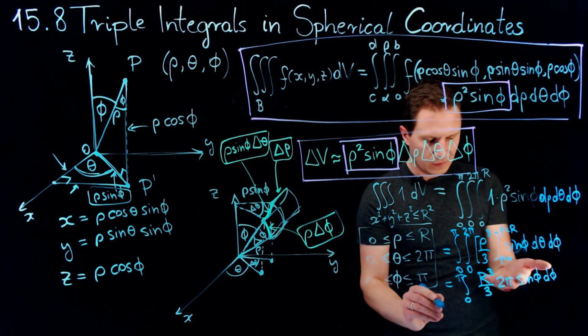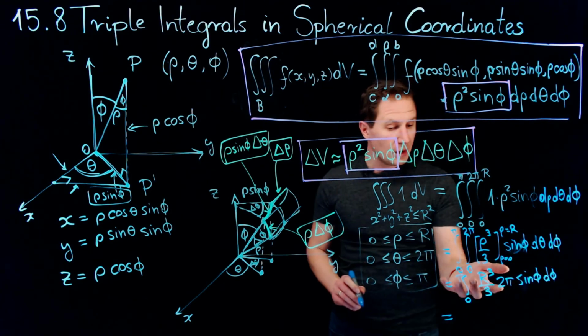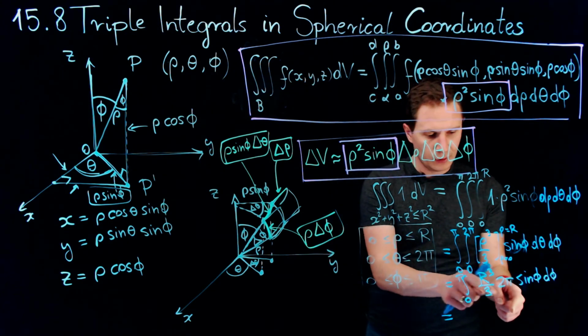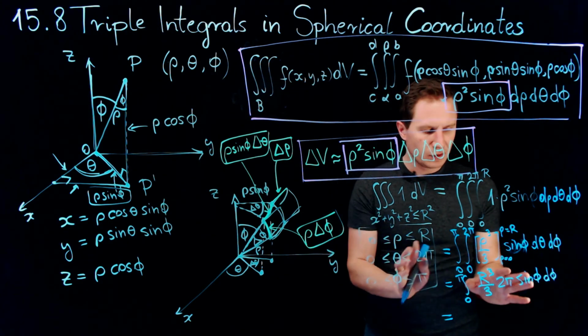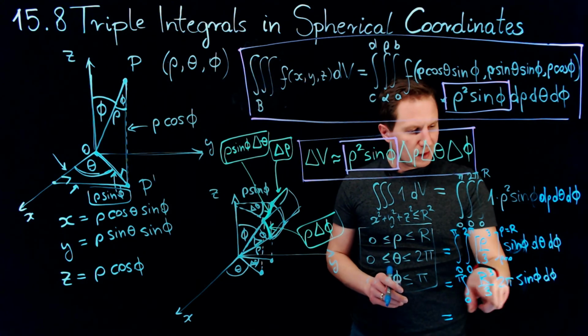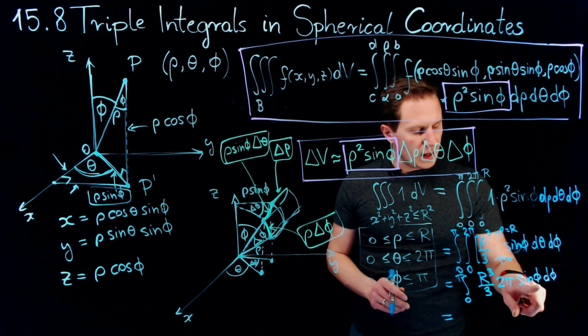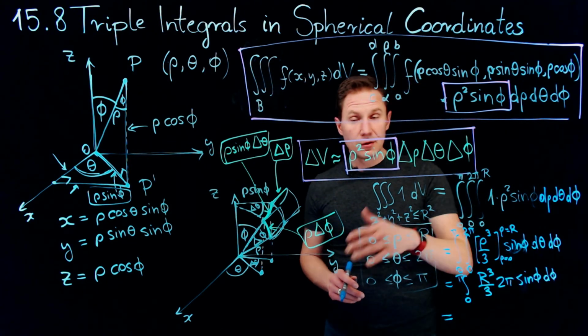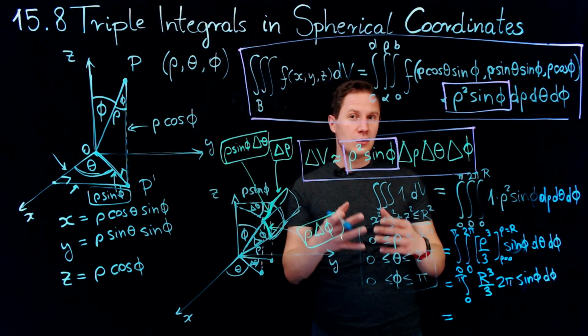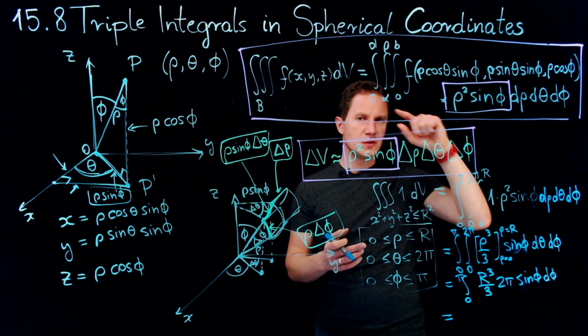And so this is just, as you may remember, let's forget about these constant factors for the moment. We are integrating the sine of phi as phi goes from 0 to pi, so that's the area under the sine curve as it goes from 0 to pi.